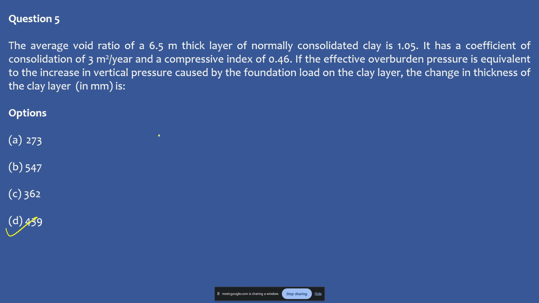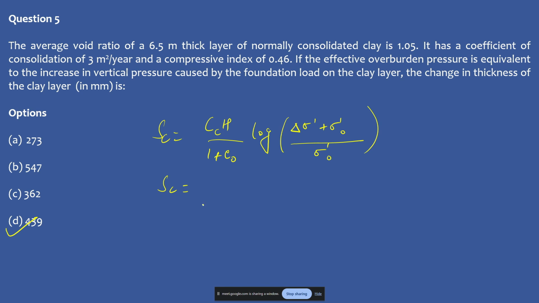So the settlement which is happening due to the consolidation is given by Cc into H over 1 plus e naught, logarithmic of the increment in effective stress with respect to the initial effective stress, and then you have to calculate how your consolidation settlement will look like.